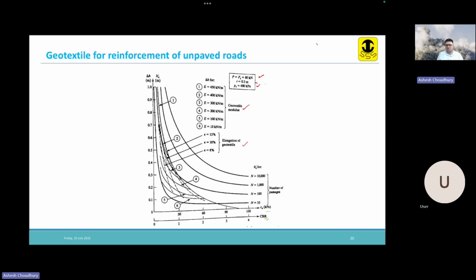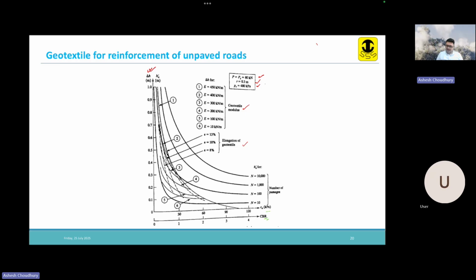If it is given to you, you can develop charts like this, and from the charts you can directly find the value of delta H. So delta H is nothing but H naught minus H, that is the reduction in thickness. For fast calculation you can directly find it using such charts that you develop.